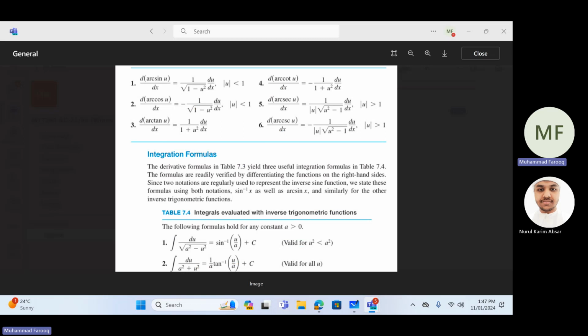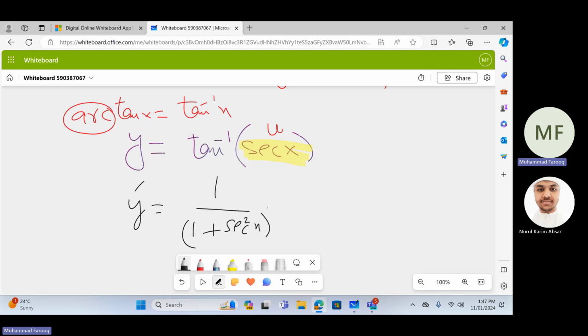In all the formulas, at the end you need the derivative of u. What is the derivative of secant? Secant x tan x. Do you understand this? And that's it. Can you simplify? I don't think so. We have the identity 1 plus tan squared x equals secant squared x, meaning secant squared x minus 1 equals tan squared x.